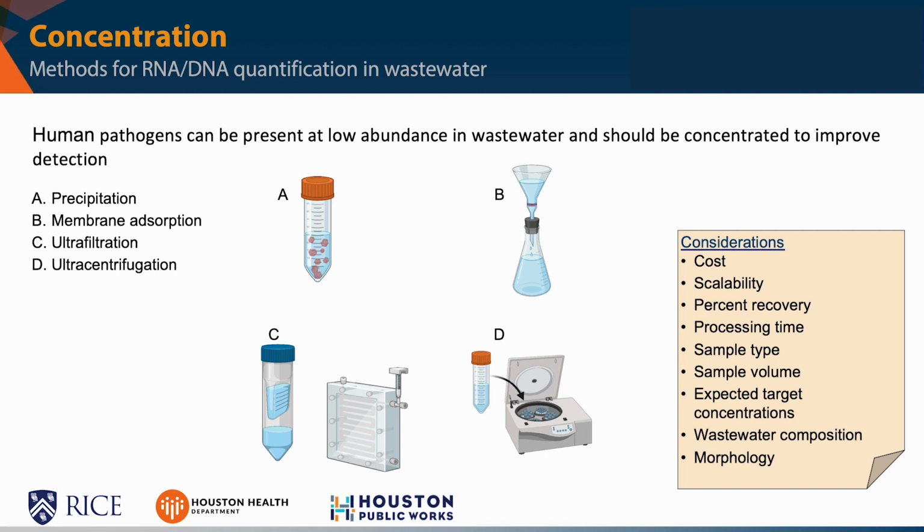There are several things to consider when choosing a concentration method. These include cost, scalability, percent recovery, processing time, sample type and volume, the expected concentration of the target in the sample, wastewater composition, and the morphology of the target.